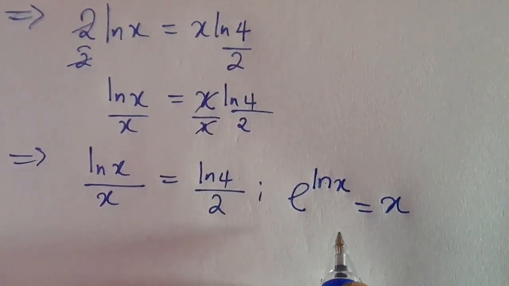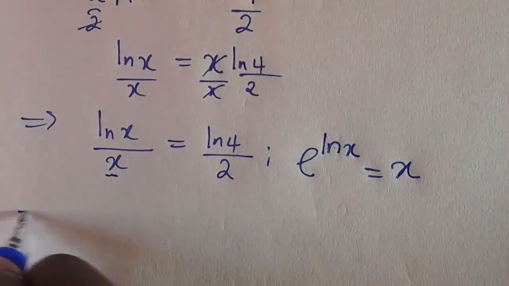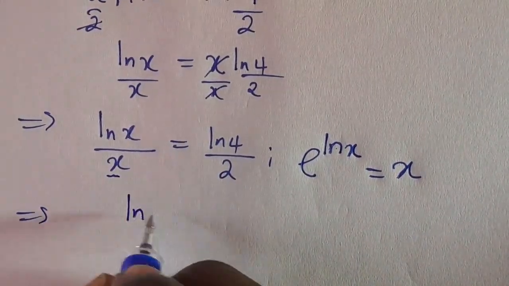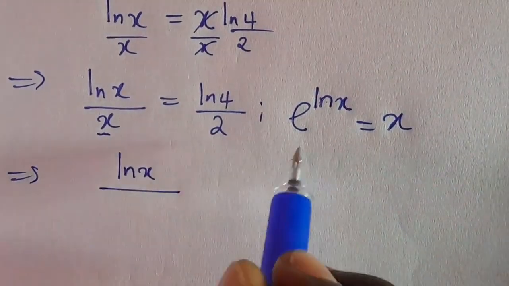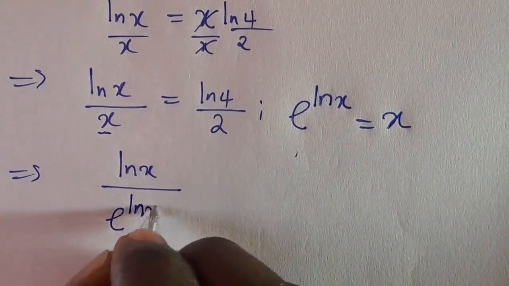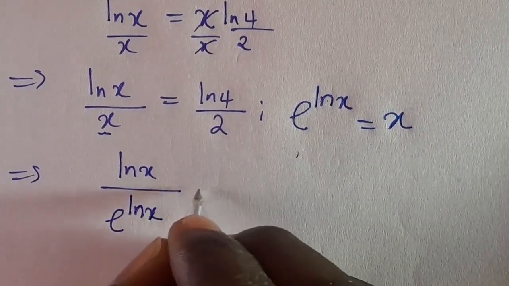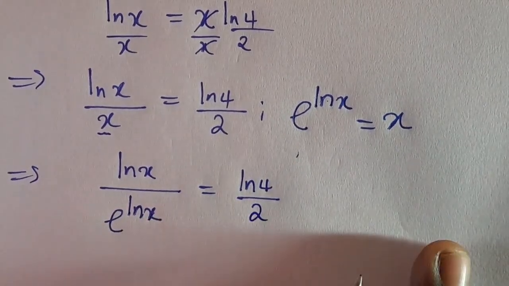So now let us replace it here. This implies we are going to have ln of x, divided by e to the power of ln of x, equals ln of 4 divided by 2.